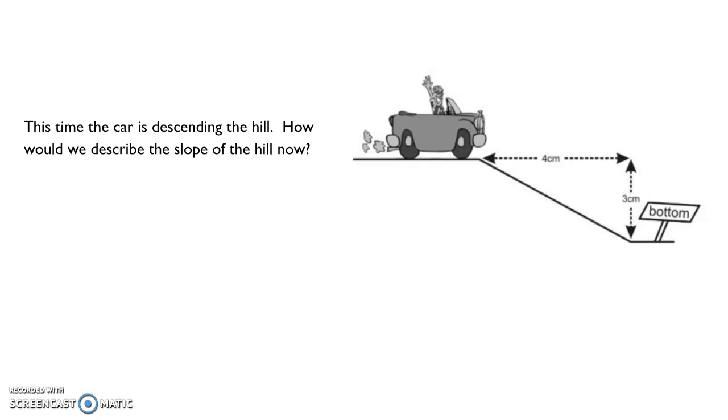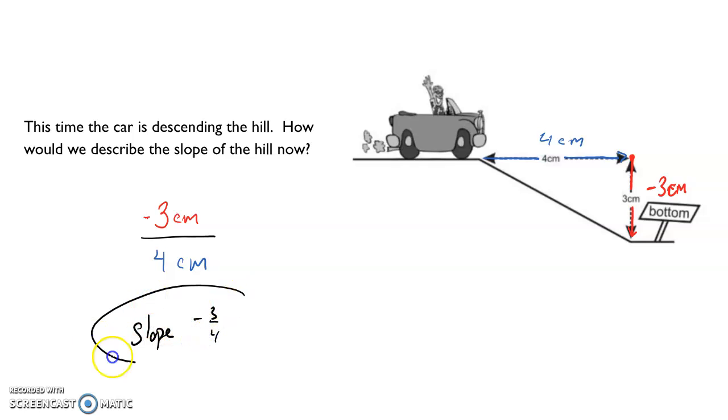And if I'm comparing my vertical change, I'm going down 3 centimeters, to my horizontal change, I am going to the right 4 centimeters. I am comparing negative 3 centimeters as a ratio with positive 4 centimeters. That makes my slope negative 3/4.